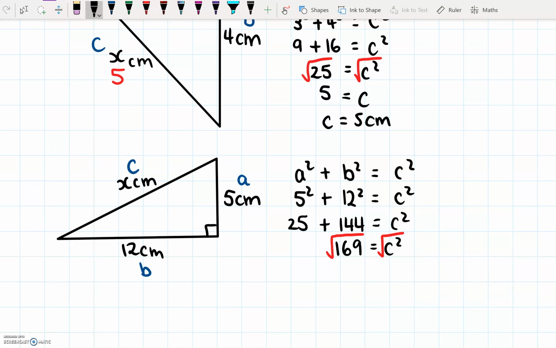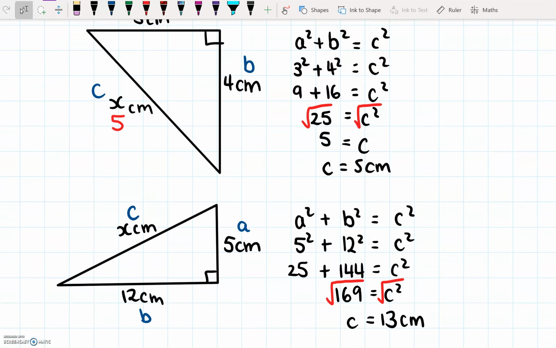C is equal to the square root of 169, which you know from last unit is 13. So C is 13 centimeters. This 5, 12, 13 triangle is another one of those special ones that you'll see quite often. It doesn't get any harder than this at the moment. We will obviously be doing some harder things, but this is how to use Pythagoras' theorem.